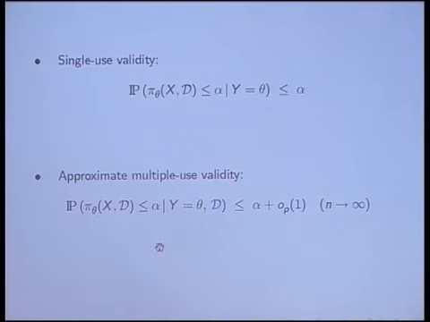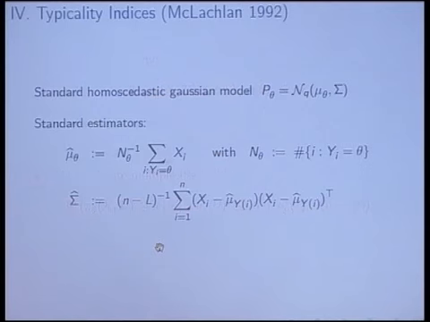It's not possible to control this perfectly, but at least in some situations you can achieve that this is less than or equal to alpha plus a small remainder term going to 0 as n goes to infinity. Okay, so here's a simple example which you find in the monograph of McLachlan.